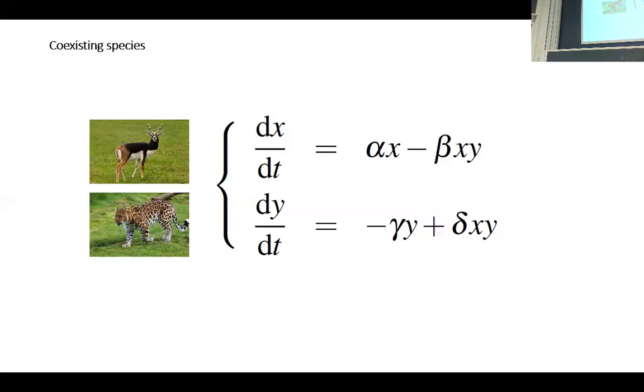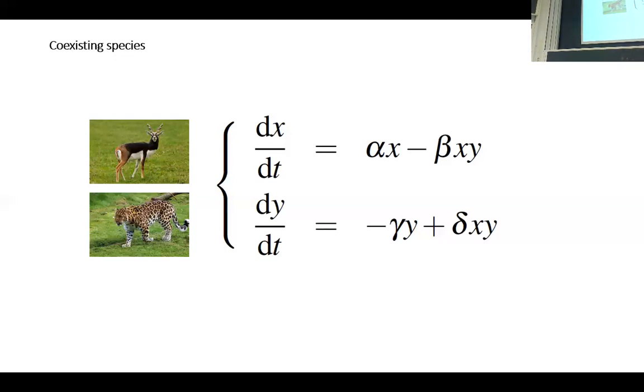If there are more leopards, there will be more hunting. If there are more antelopes, there will also be more hunting. And of course, this is another coefficient we place here. Is this clear?